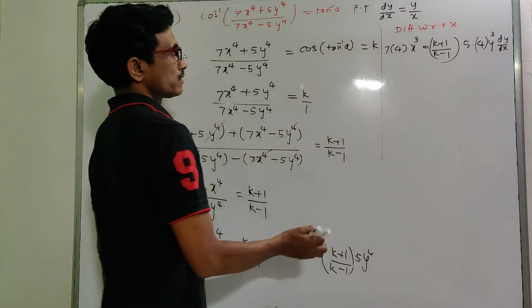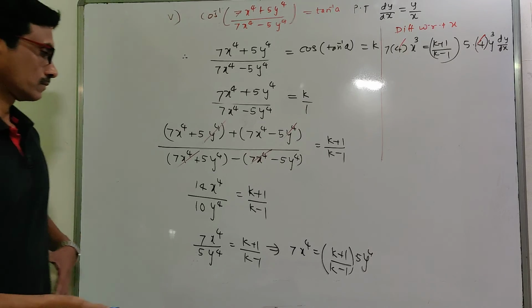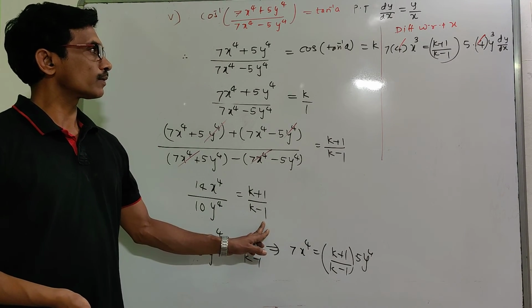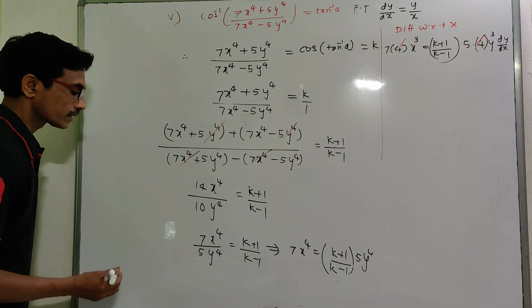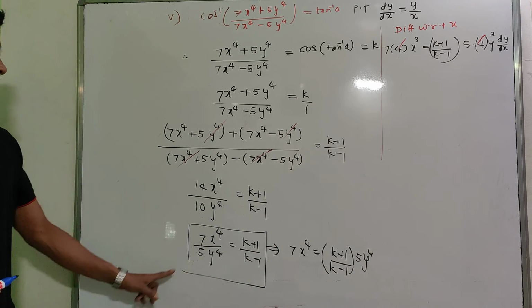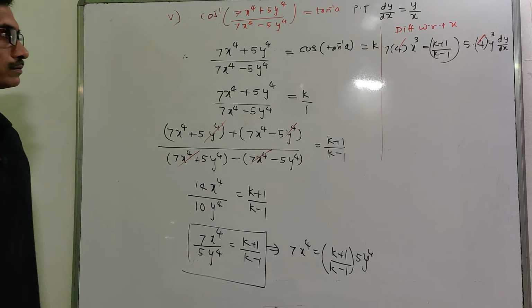This we can cancel 4 from either side, and we substitute k plus 1 upon k minus 1. So what is this k plus 1 upon k minus 1? It is 7x to the power 4 upon 5y to the power 4.